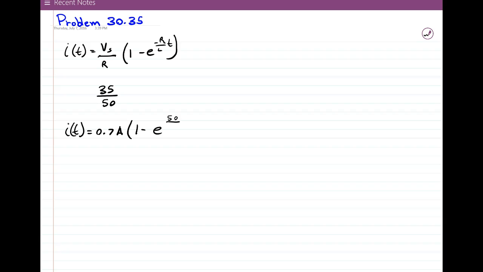So that's 40 over 10 to the minus third, so that's 40 times 10 to the third, and the units are per second. Okay, so this is the equation specifically for this particular problem.